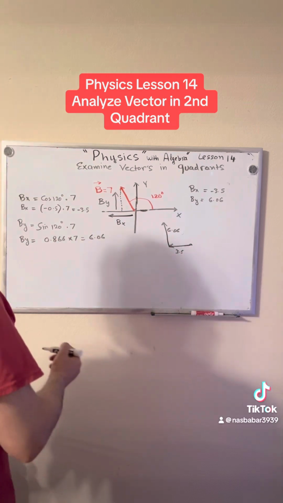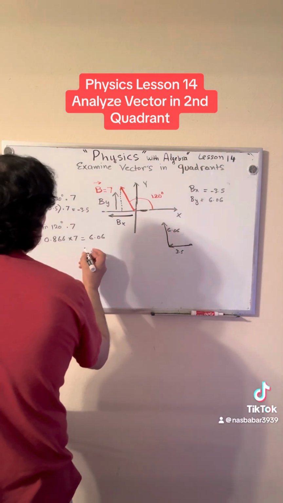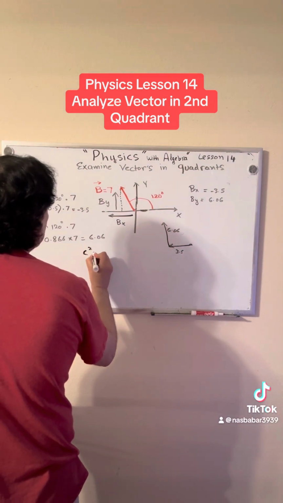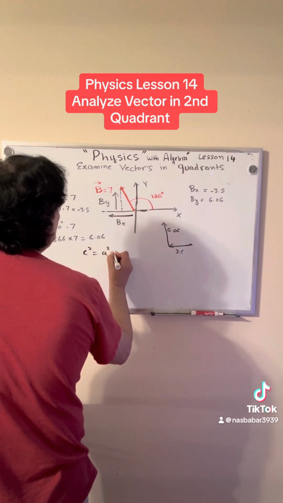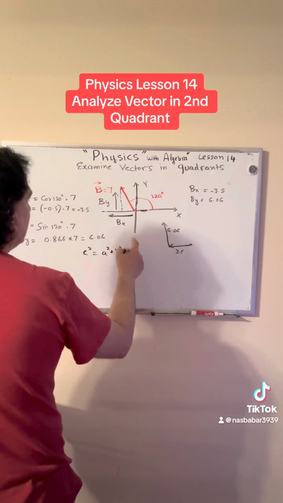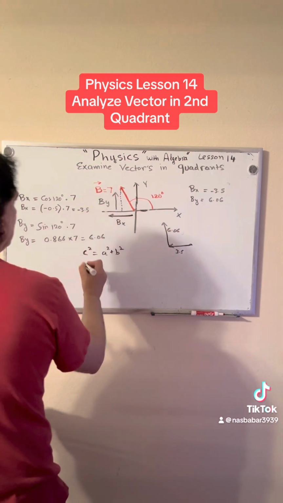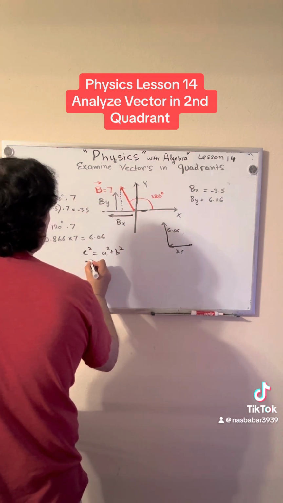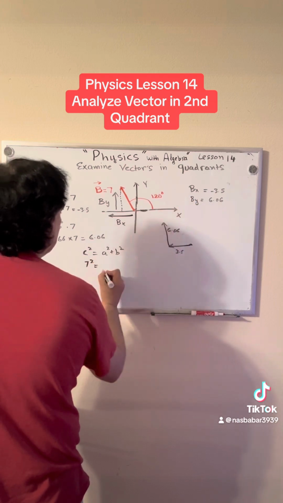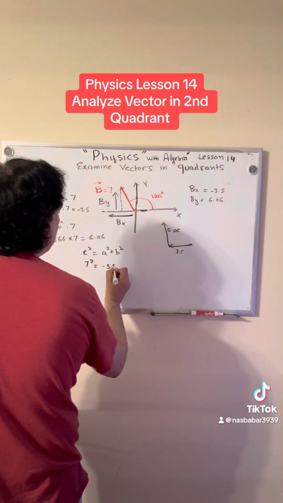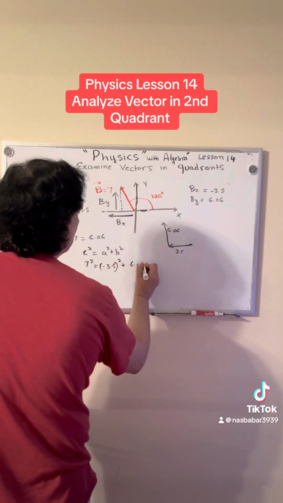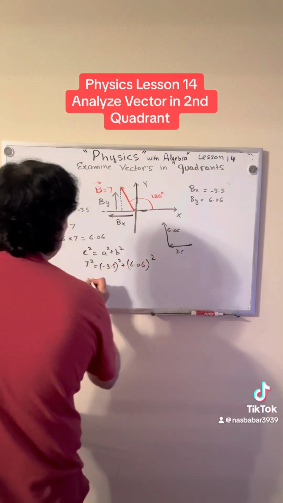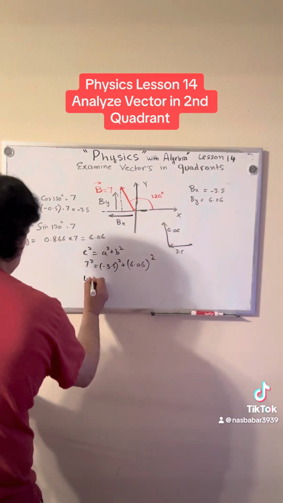Now, if you want to verify, you can apply the Pythagorean theorem, which is c squared, where c is the hypotenuse, equals a squared plus b squared. C in this case is the magnitude of the vector, which is 7 squared. And then we've got negative 3.5 squared plus 6.06 squared. 7 squared is 49.